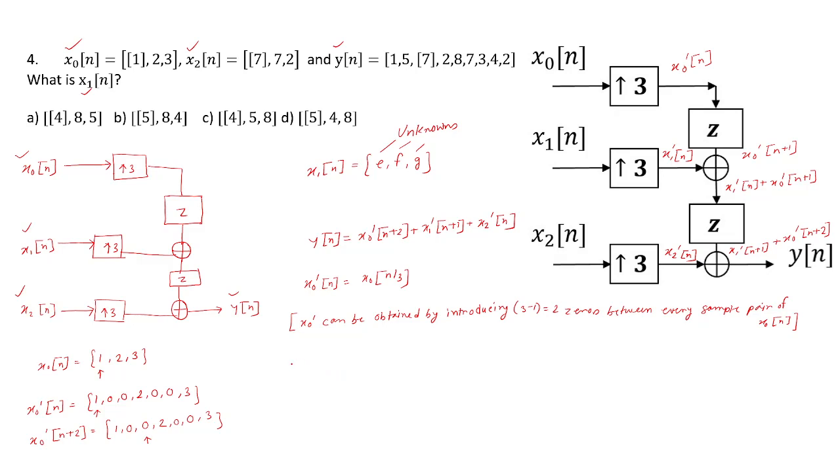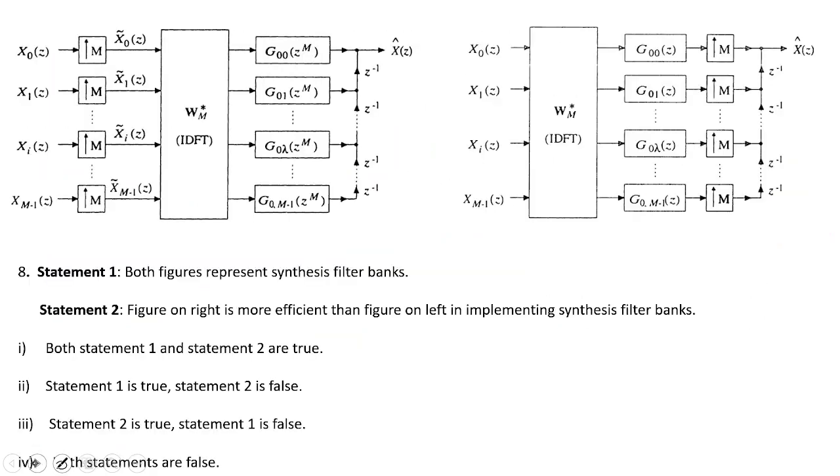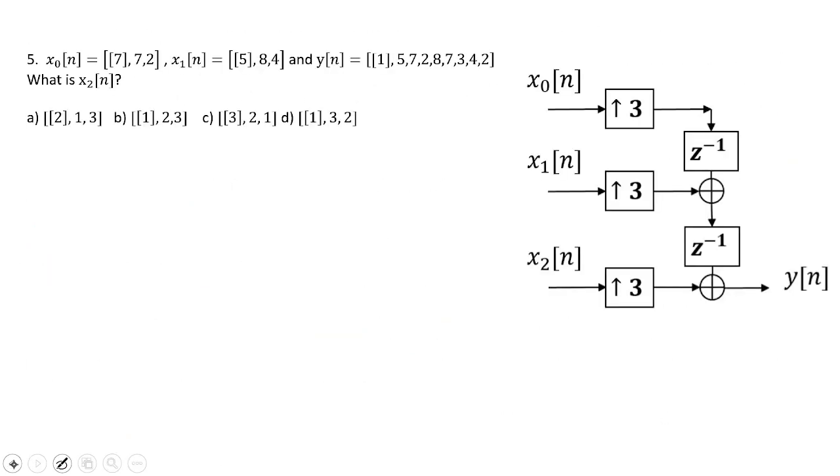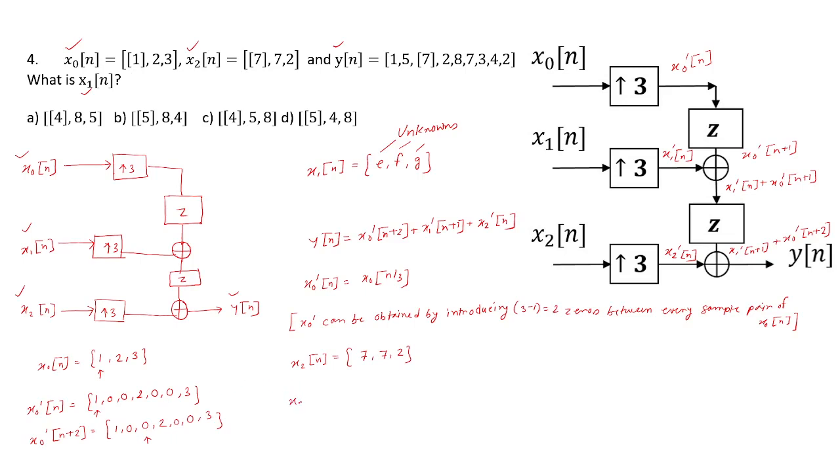Now we consider x2 is given, so x2 of n is given as 7 7 2, where x2 dash of n is given as 2 zeros, again 2 zeros, 2.